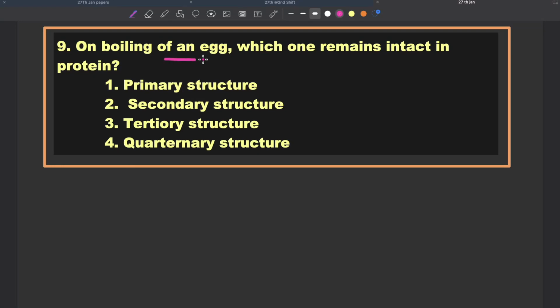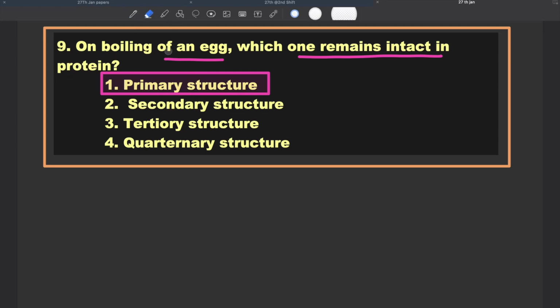On boiling an egg, which one remains intact in protein? Primary structure, secondary structure, tertiary and quaternary structure. So any child knows the primary structure of the protein remains intact. Even when denaturation of protein takes place, it remains because it involves covalent bonds.